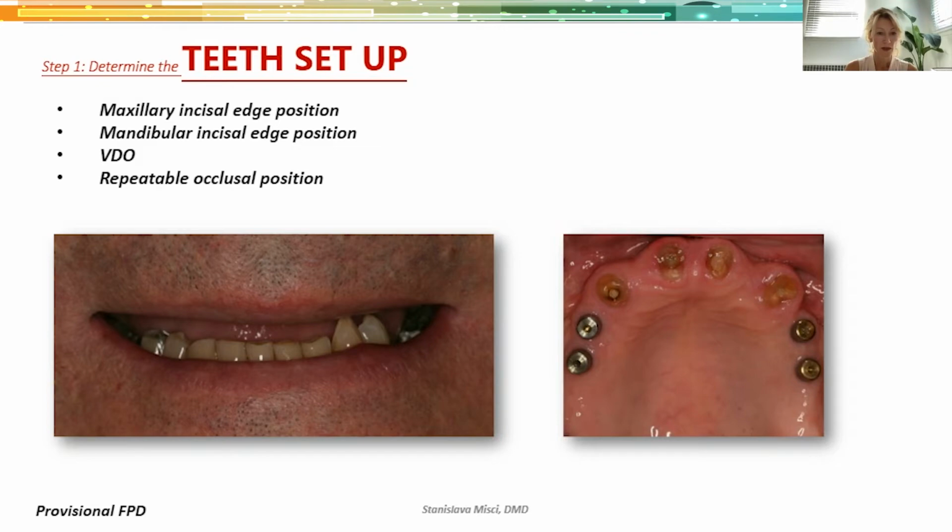Mandibular incisal edge position, we can evaluate clinically, and we can see that they're actually in pretty good position, except for number 21 and 22, which are supraerupted. Vertical dimension, we will determine when we have our occlusal rim, the wax rim, and we will adjust it to the desired vertical dimension. And the occlusal position, our record, we will record at that point as well.